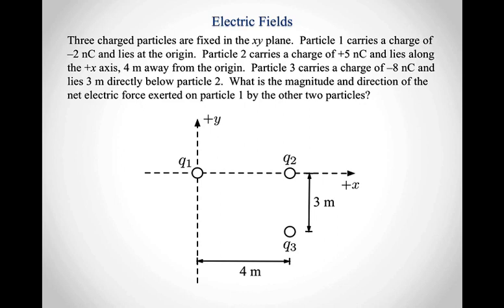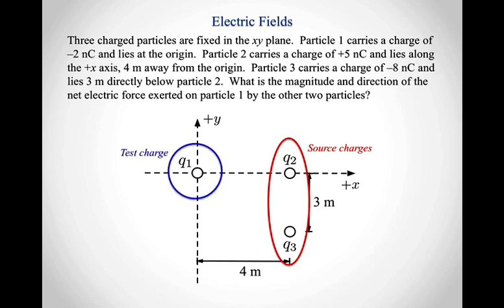Okay, that's the question. The way this idea works is it says, this question we've worked in talking about the net electric force, we can reframe it by thinking about there are two charges in this picture that we're going to label source charges. These two charges are responsible for creating an electric field in the space all around them, including at the place where we have placed our test charge.